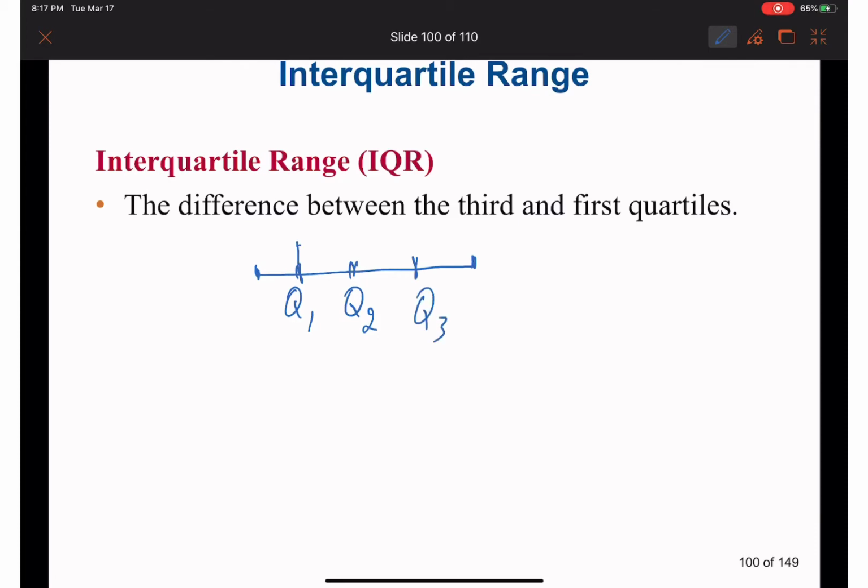The distance between Q1 and Q3 we call IQR, interquartile range. IQR is equal to Q3 minus Q1.